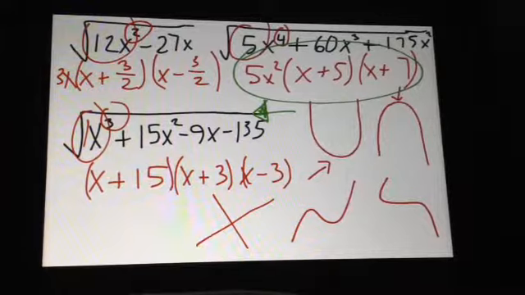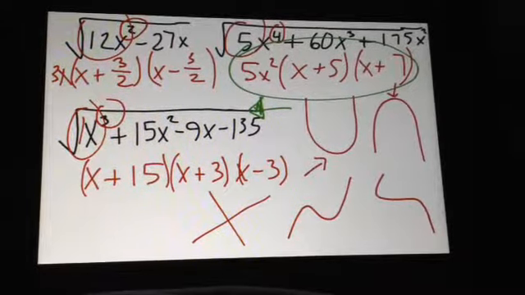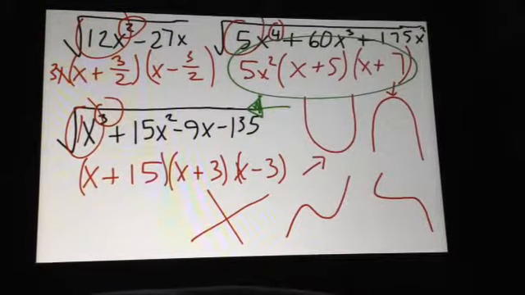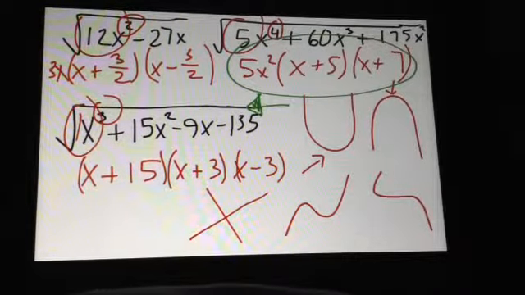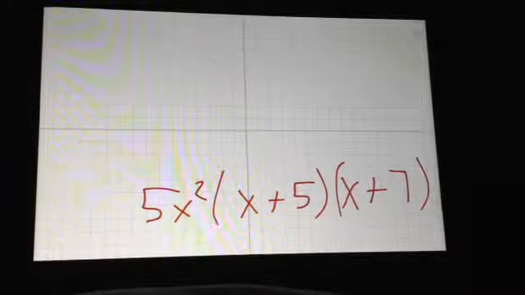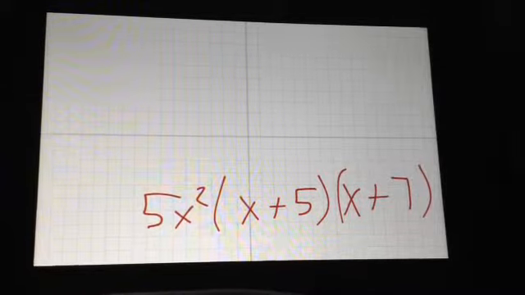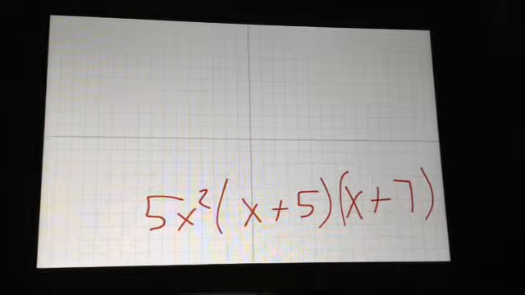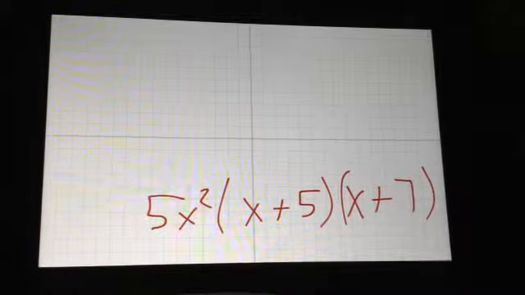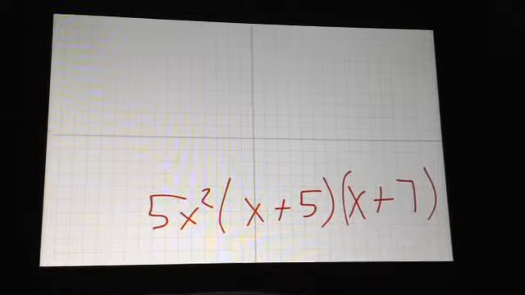The first thing you want to do is plot the x-intercepts. Let's go to the graph here, and I'm going to put the solution down in the bottom so that you can see it. Now, when you're looking for x-intercepts, you want to make what's in these parentheses equal to 0. Okay, so what plus 5 equals 0?